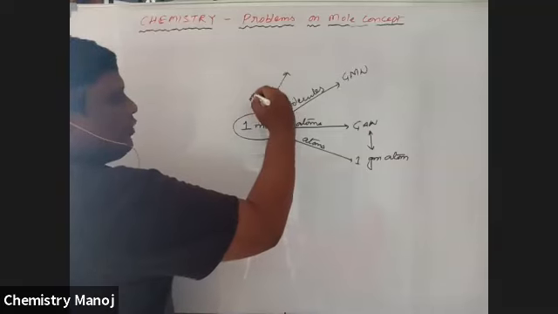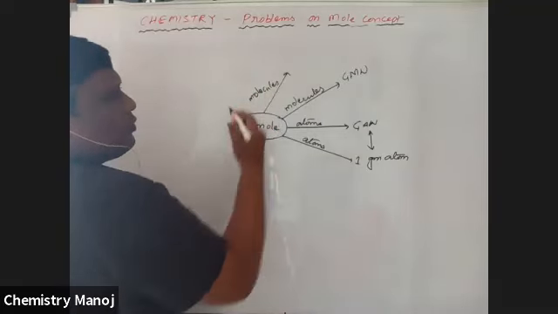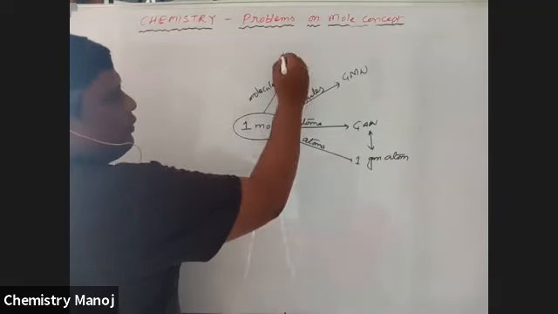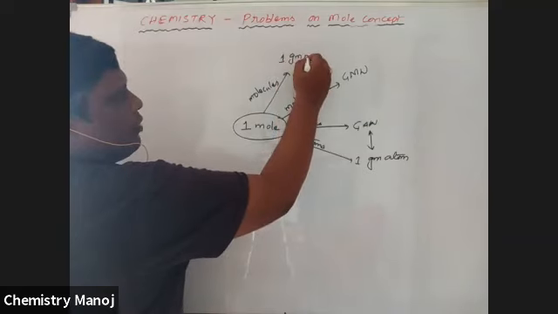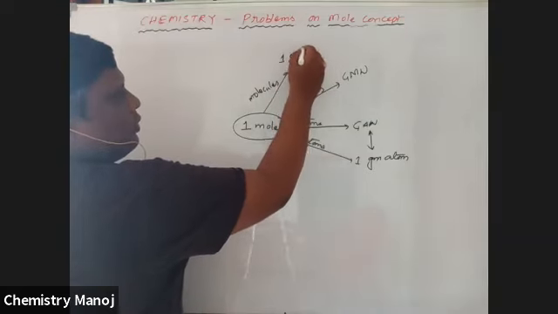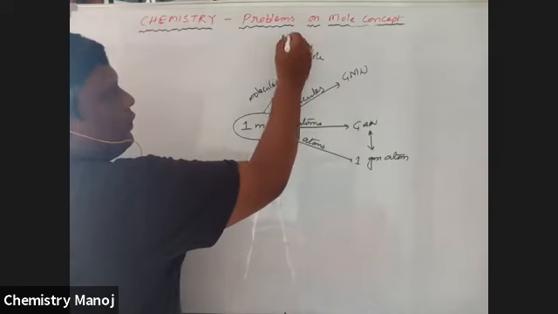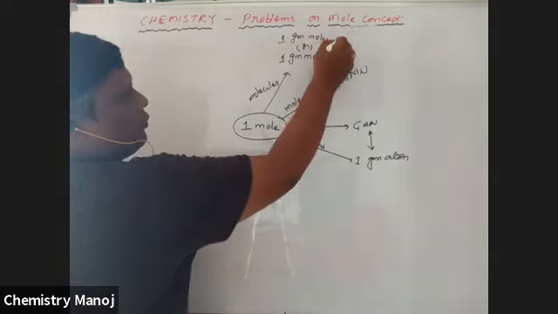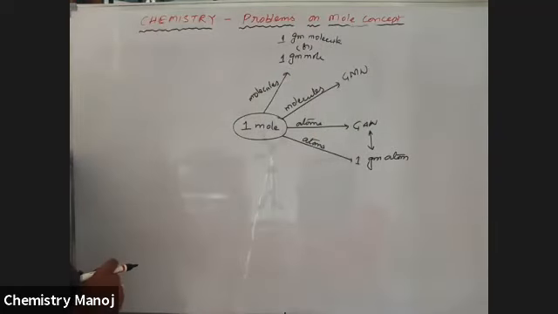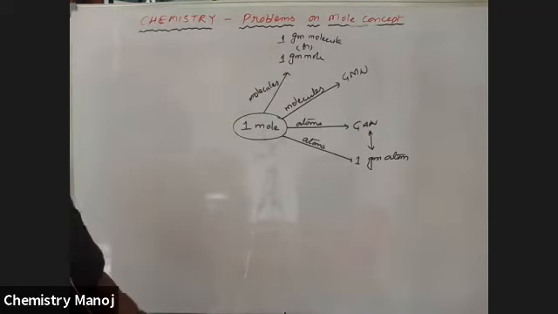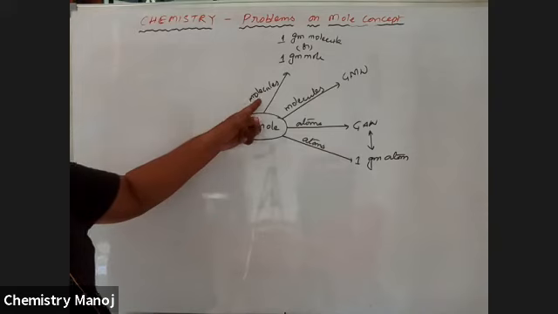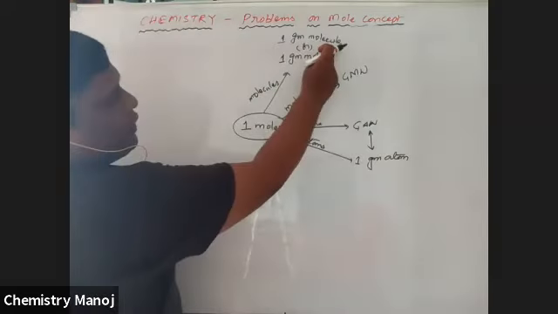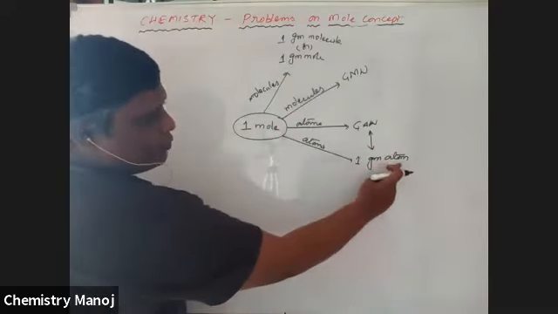If we consider molecules, this is equal to 1 gram mole or 1 gram molecule. If it is a molecule, it is a molecule. If it is an atom, it is an atom.